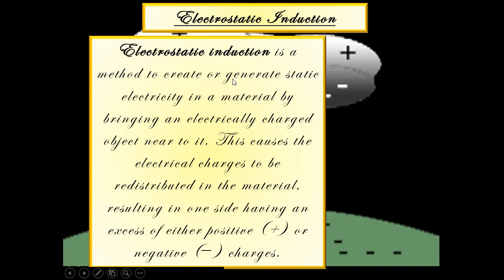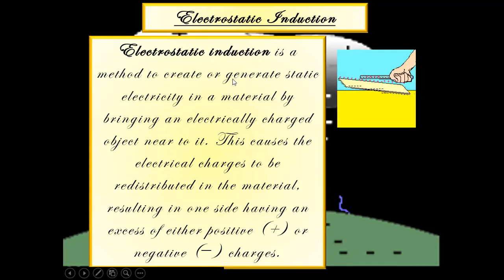I hope that you remember unit number 7, magnets and magnetism, in which we learned about two poles, north and south, in which same poles repel and different poles attract. Similarly, here we have two charges, one positive, plus, and one negative, minus.